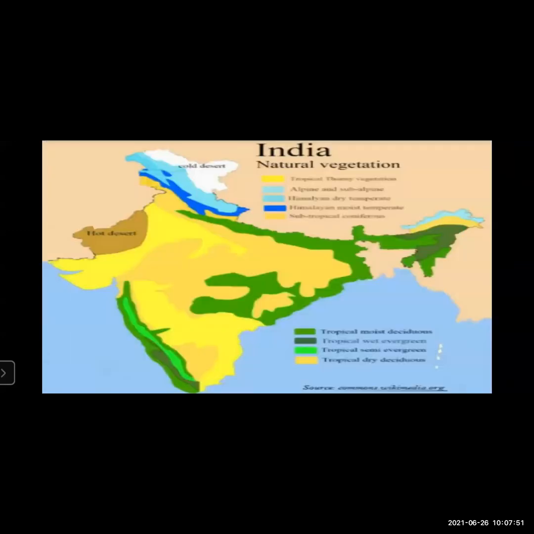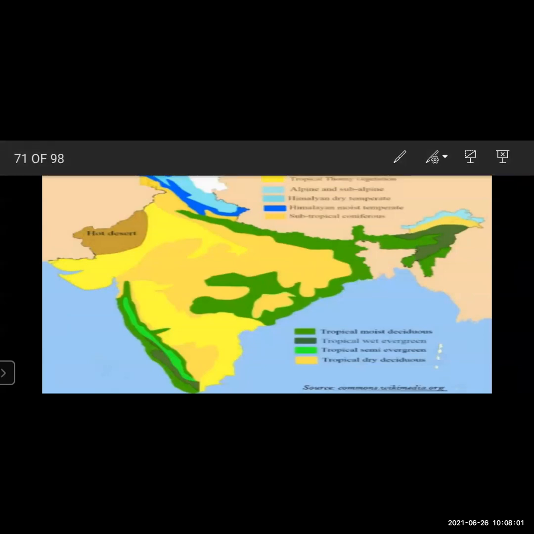See, here also it is better explained. These regions have dry tropical deciduous forest, this one, which is marked red. These are tropical semi-evergreen, this one, light green.